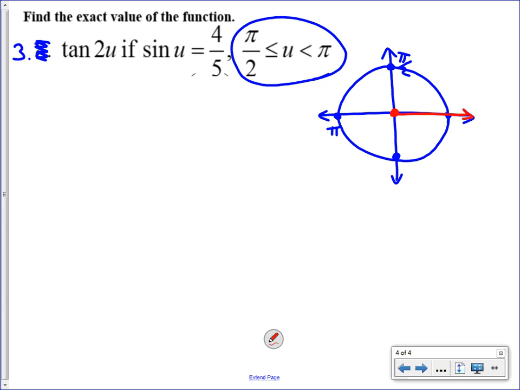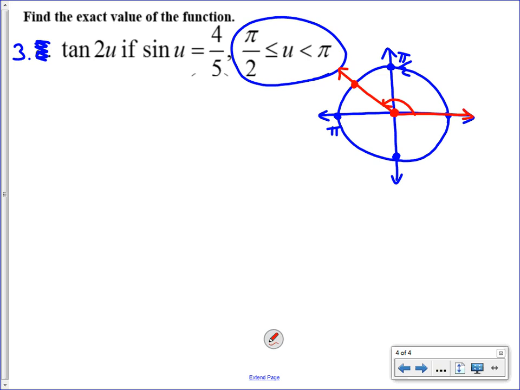I'm going to draw, let's just say this is the terminal side of the angle. So we're really talking about this angle is in quadrant 2 and essentially intersects the circle at this point. Now remember reference angles. A reference angle is the angle formed by the terminal side of the angle and the x-axis.